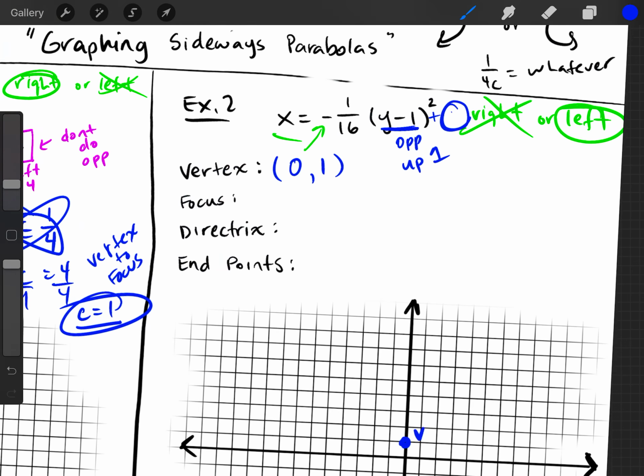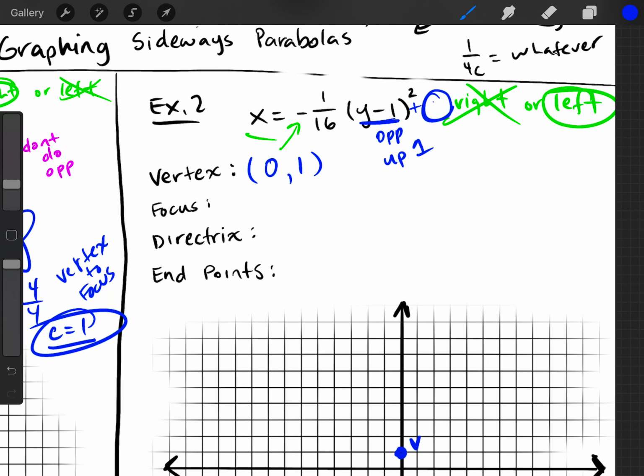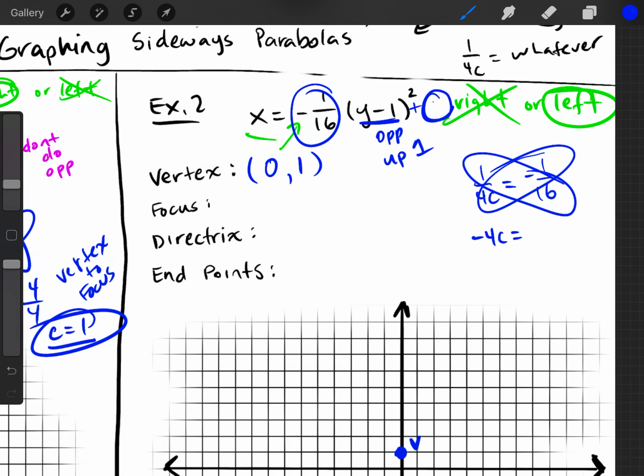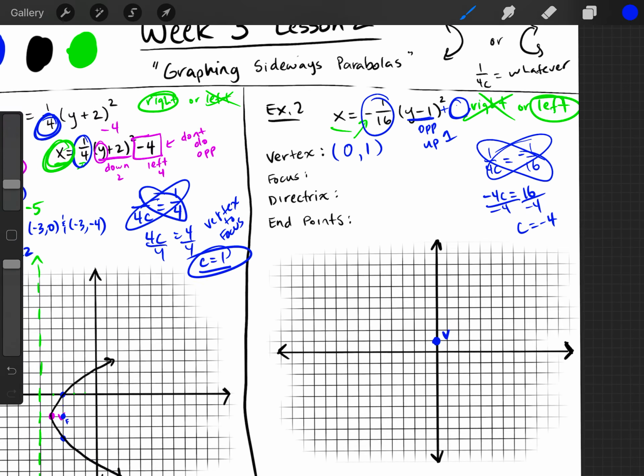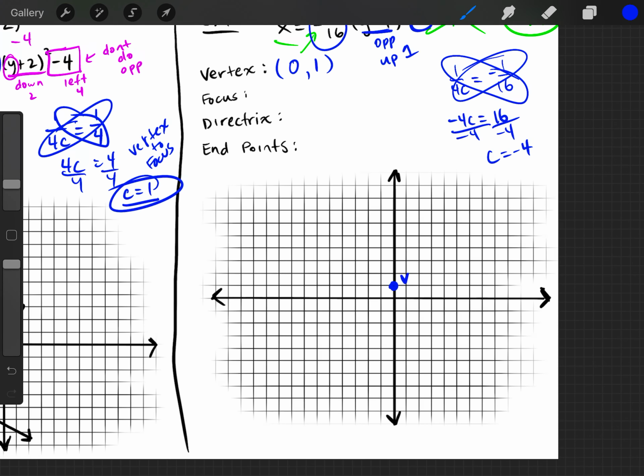And then again, we're going through these same steps. Every single time we set up this 1 over 4c, that equals that fraction that's out in front. So I'm going to go 1 over 4c equals -1 over 16. We cross multiply. That's -4c equals 16. Divide by -4 to get c by itself, and we get c is equal to -4.